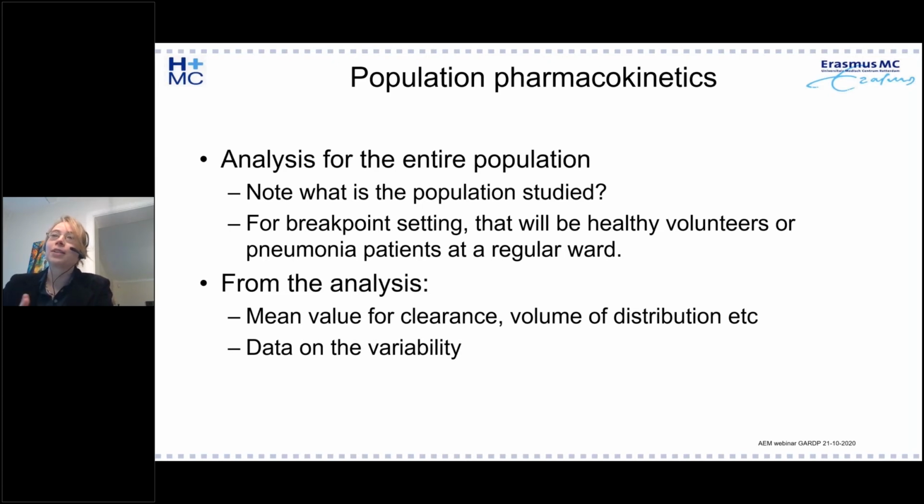For breakpoint setting, you choose a population of healthy volunteers or patients with mild infections, for example patients with pneumonia on the regular ward. So when analyzing data, always keep in mind what population was studied. From these analyses, you then get your clearance, your volume, and your data on variability.